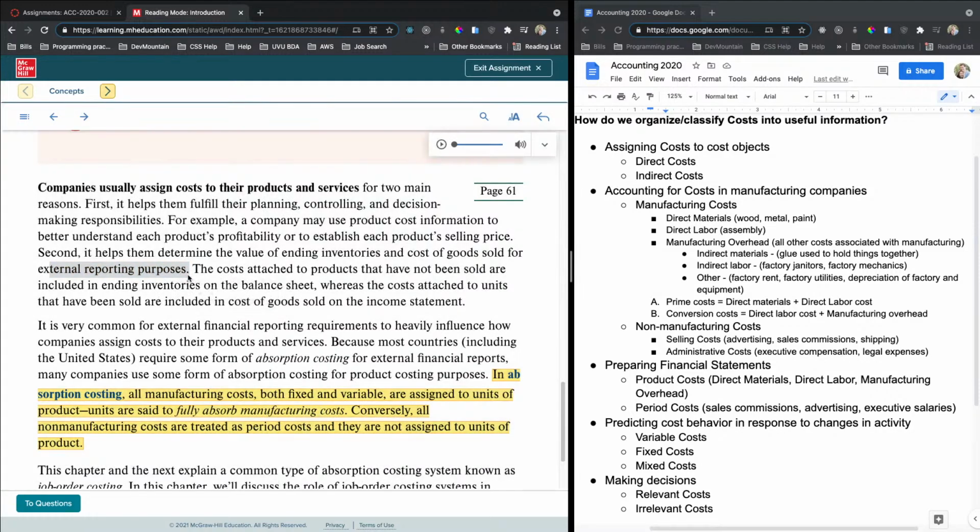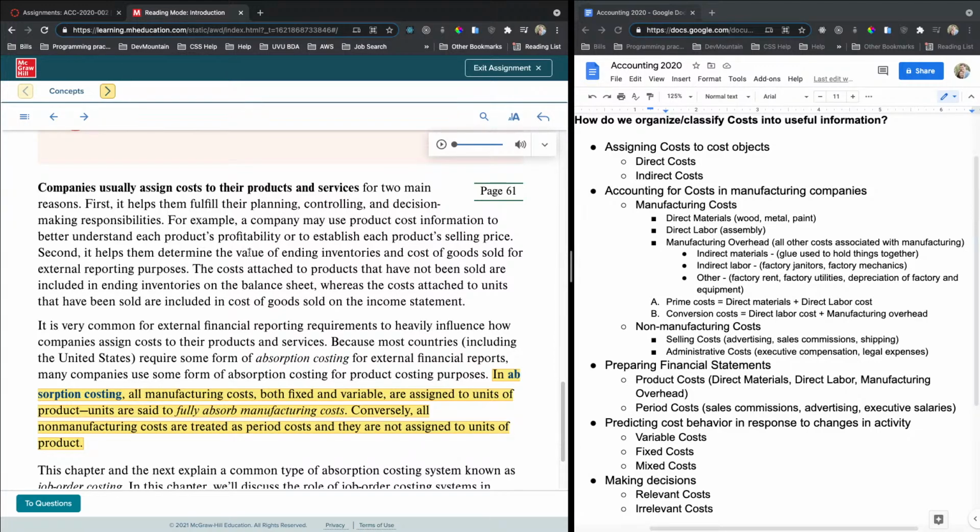Second, it helps with external reporting purposes. If you're publicly traded, I think it's by law that you have to have that. So, second, it helps them determine the value of ending inventories and cost of goods sold for external reporting purposes. Yeah, you're going to want to know these internally, of course.